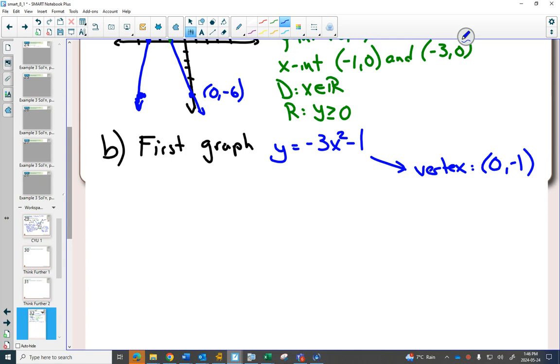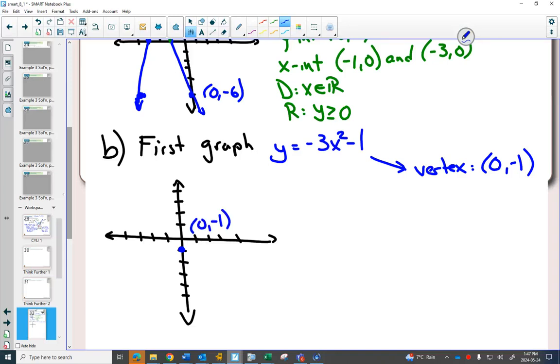And the vertex would be at 0, minus 1. So as far as graphing that first, I would have 0 and minus 1 as my vertex.